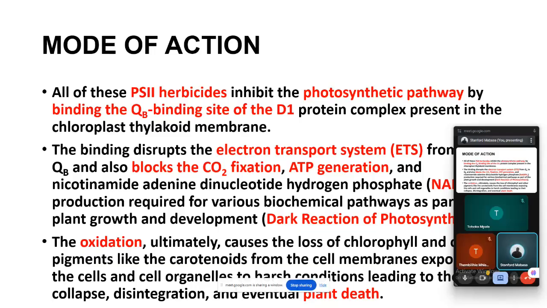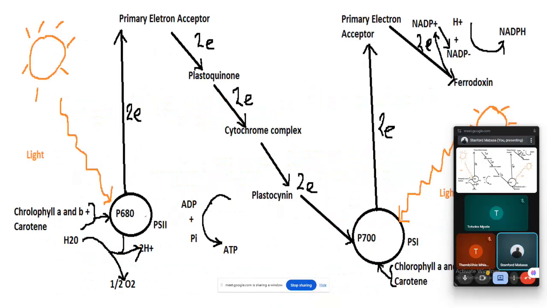I'll show you the diagram. This is basically how photosynthesis works. I want you to focus on the top, the way we have the primary electron acceptor, and the area where we have a plastoquinone.